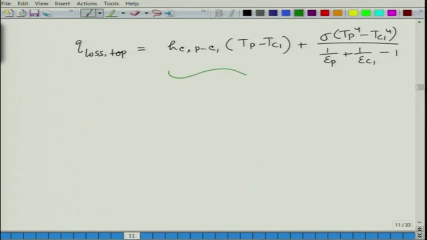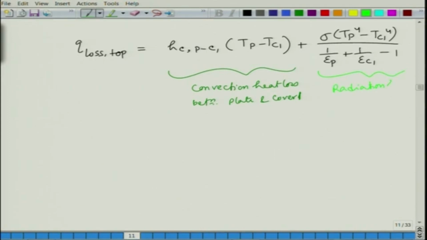Okay. So, going back here, this is the convection heat loss between plate and cover 1, okay, and this one is the radiation heat loss, again between plate and cover 1.